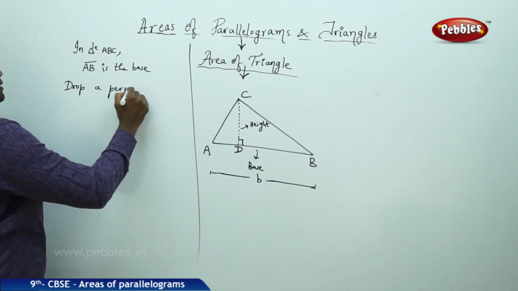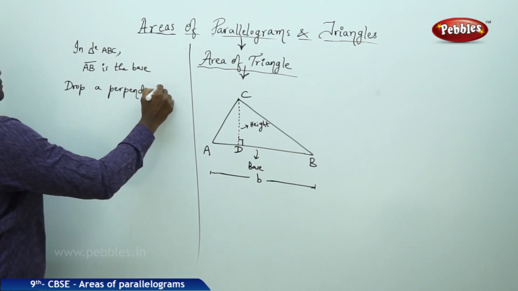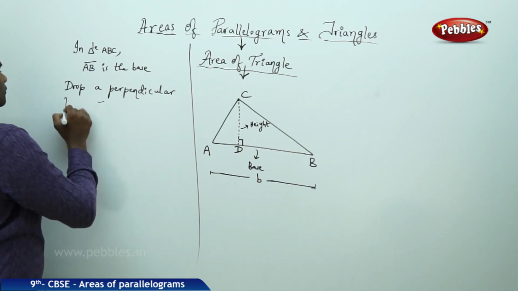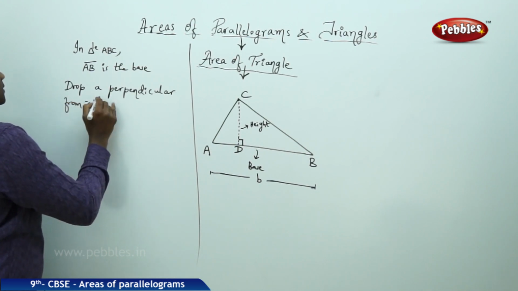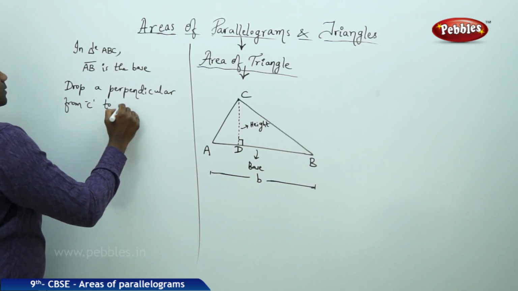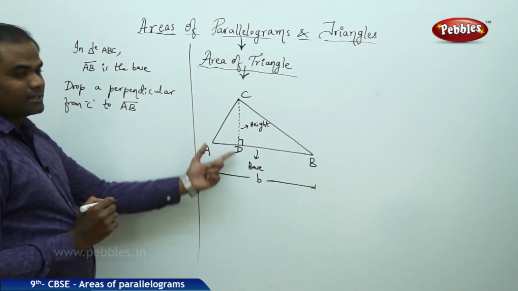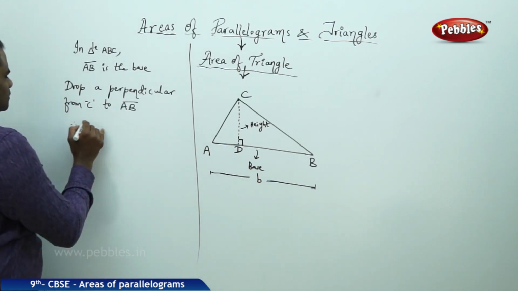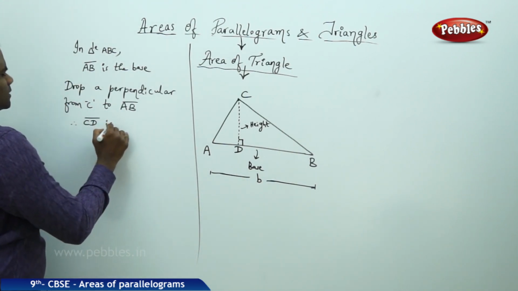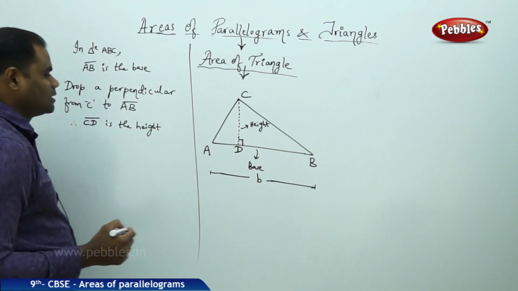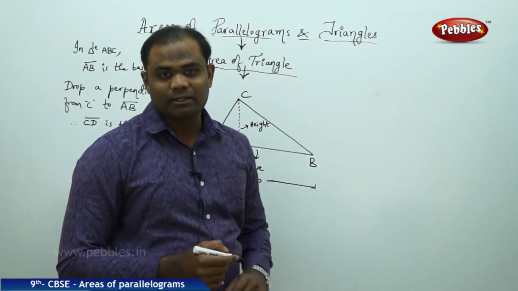Drop a perpendicular from C to AB, such that it cuts at D. Therefore, here CD is the height, as clearly we can see. It is the height or the altitude of the triangle ABC.